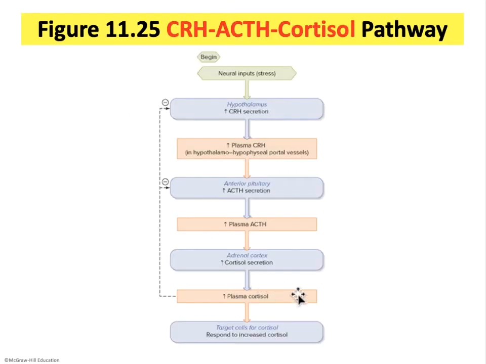Once again, we have a long loop negative feedback mechanism taking place with respect to this pathway. So corticotropin releasing hormone is released by the hypothalamus. That then has an impact on the pituitary releasing ACTH, and the ACTH then instructs the adrenal cortex to release cortisol. Please become familiar with these flowcharts in this chapter.